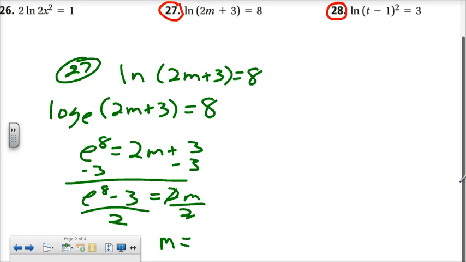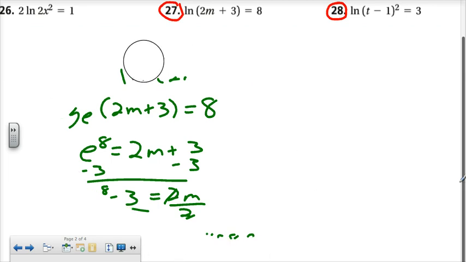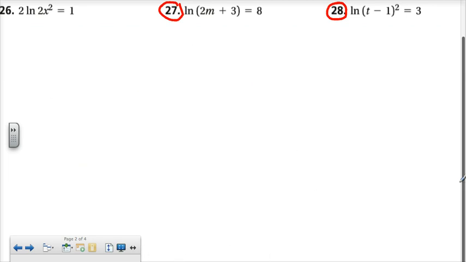So e to the 8th, subtract 3 and divide the whole thing by 2. 1,488.9789, which would round to 1,488.9790 for number 27. So, like I said, kind of an imposing problem when you look at it, but really it just comes down to, can you use your calculator when you're done. Then 28.